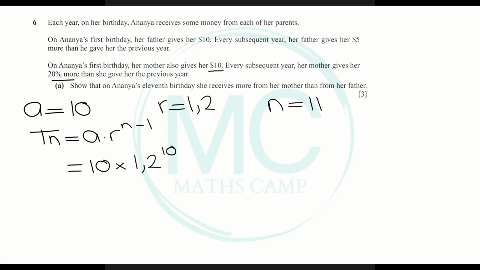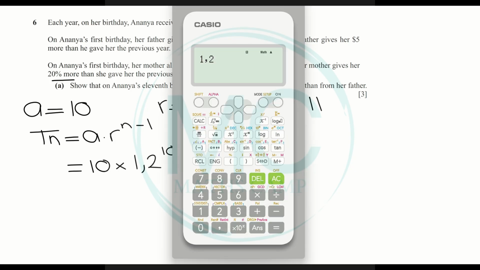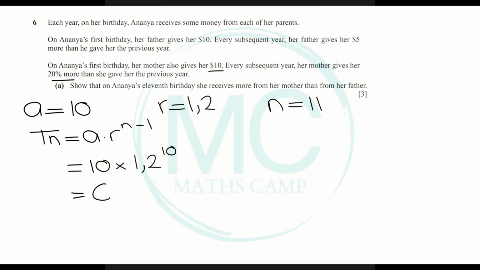Now you can take your calculator, 1.2 with an exponent of 10 multiplied by 10 is equal to 61.917. We're working with money, so we always round off to 2 decimal places. And we get 61.92. This amount is greater than the amount of money Ananya got from her father. So we have now shown that she receives more from her mother.